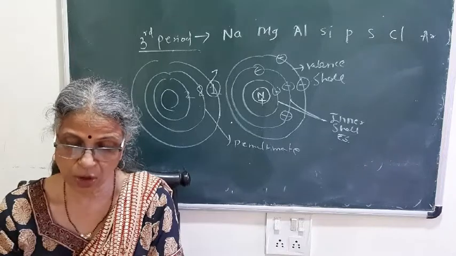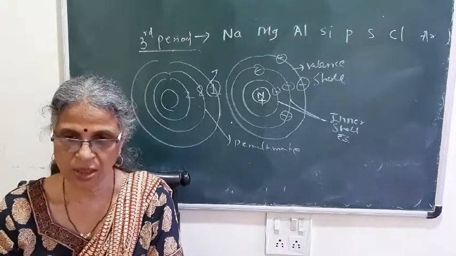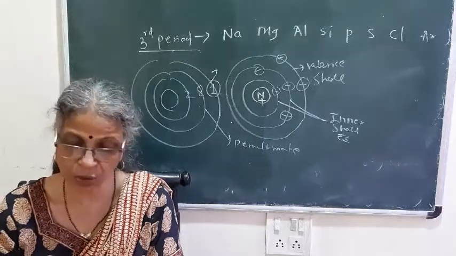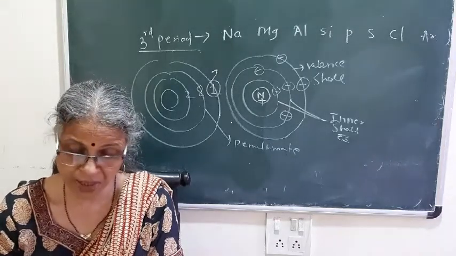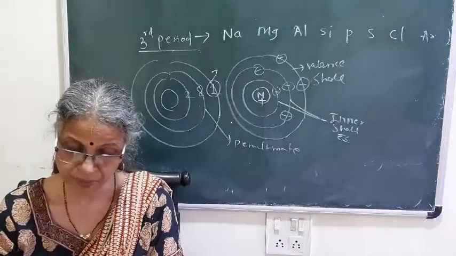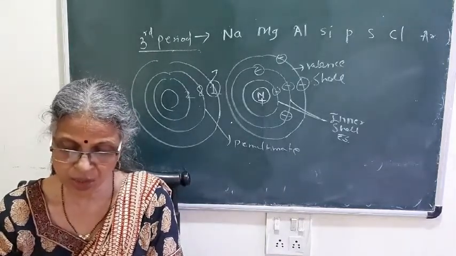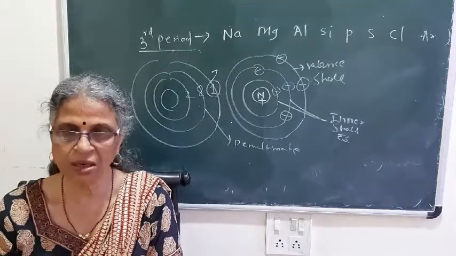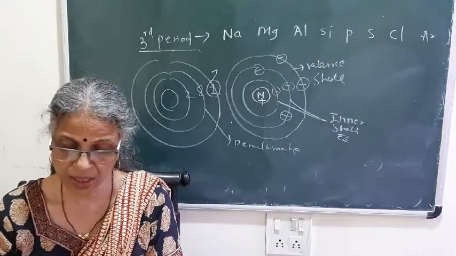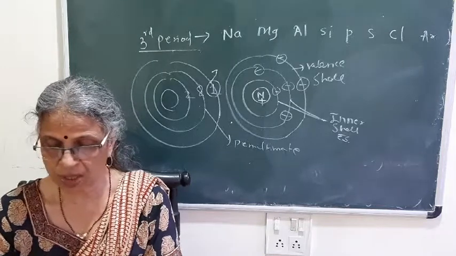The family of non-metals having valency 1 must be the halogens. The family of metals having valency 1 are the alkali metals, that is group 1 metals. The family of metals having valency 2 is the alkaline earth metals, that is second group metals. The metalloids in the second and third period are boron and silicon.